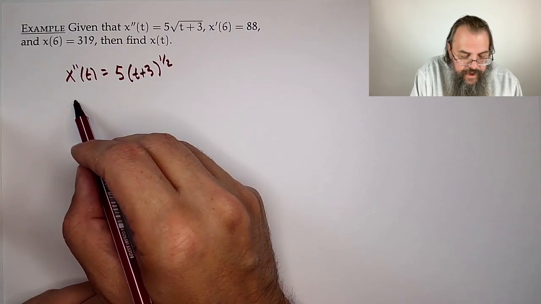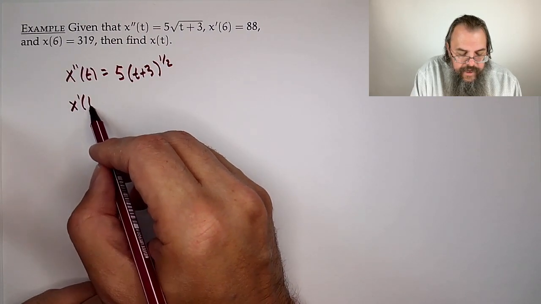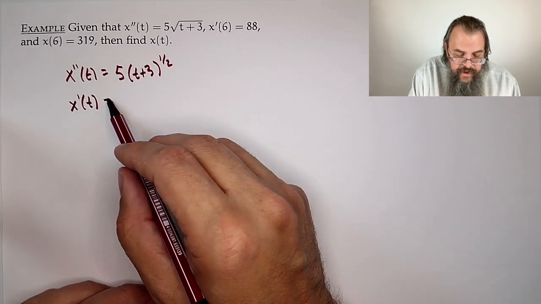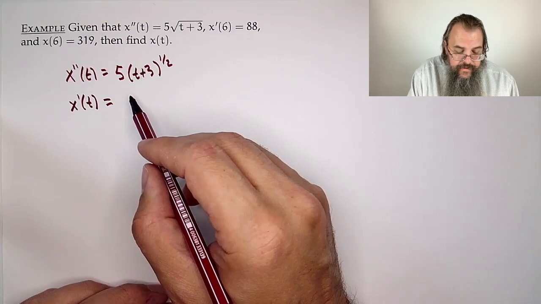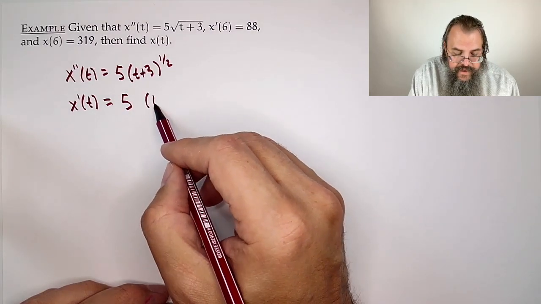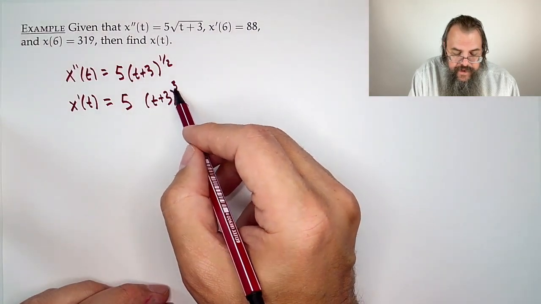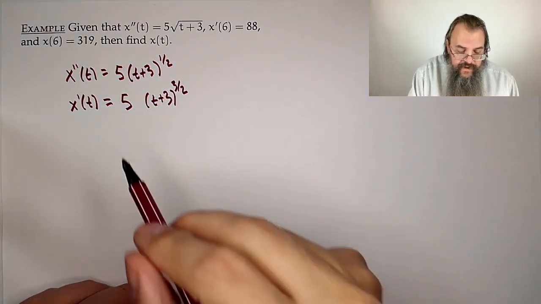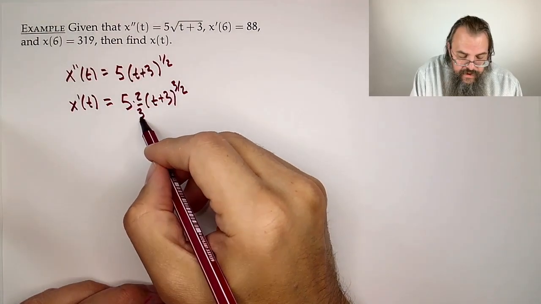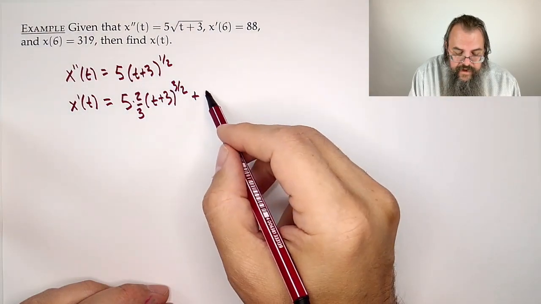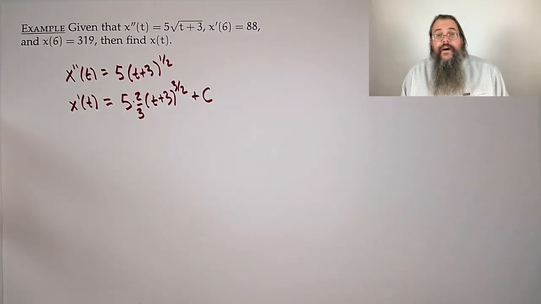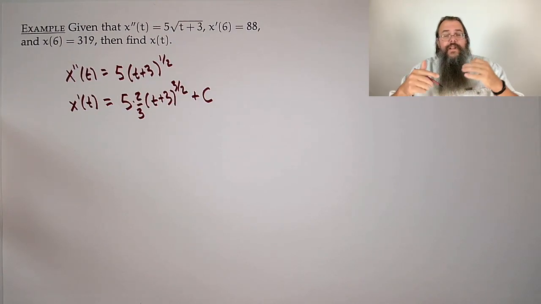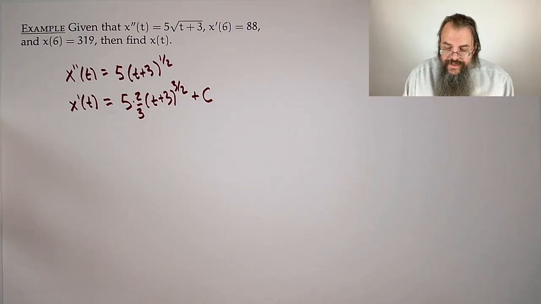Okay, step 1. We're going to take one antiderivative. So x prime of t. Okay, well, take an antiderivative here. So 5, and then we're going to have t plus 3 to the power 3/2, and then multiplied by the reciprocal. Reciprocal of 3/2 will be 2/3, and plus a constant c. All right, now we could do another integral right away, but let's use our initial condition.